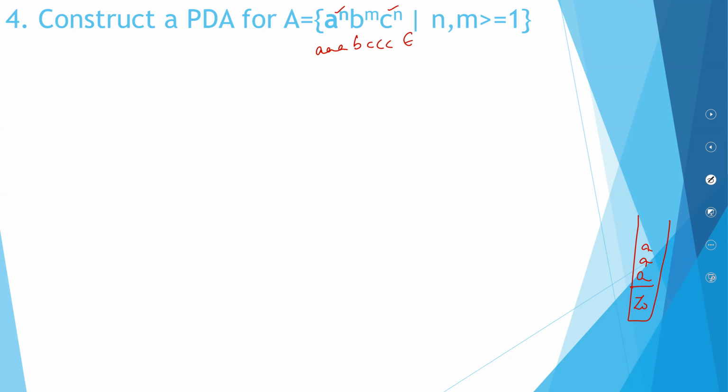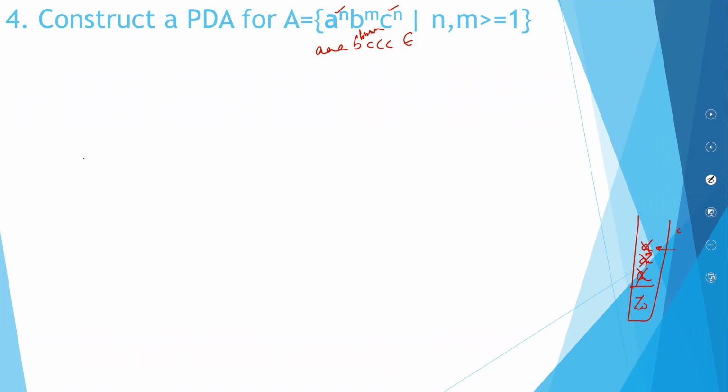Leave the top of the stack as A itself; you need not enter anything into the stack. Go on encountering any number of B's, and don't do anything to your stack. The moment you start encountering C's, you will pop it out.